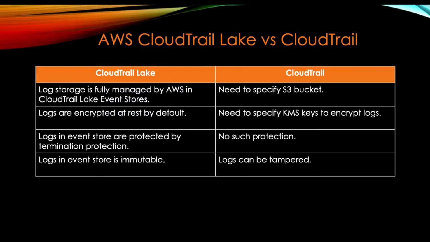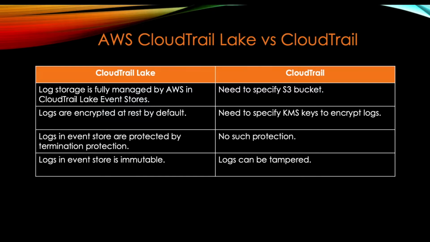You don't need to manage that storage at all. Logs stored in that AWS managed storage are encrypted at rest by using AWS keys. You don't need to provide any KMS key there. But in case of CloudTrail, if you need to encrypt your data in those S3 buckets, you need to specify the KMS key with which you want to encrypt the data.